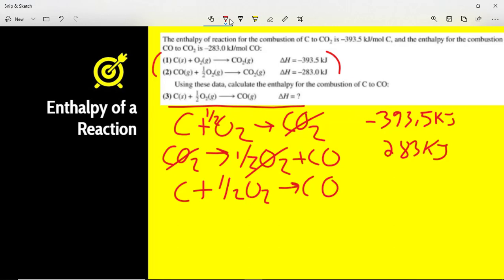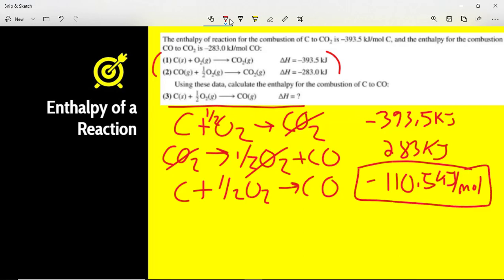Okay, so now all I need to do is some simple math. Negative 393.5 kilojoules plus 283 kilojoules, I'm going to get negative 110.5 kilojoules per mole. Okay? That's all there is to it.